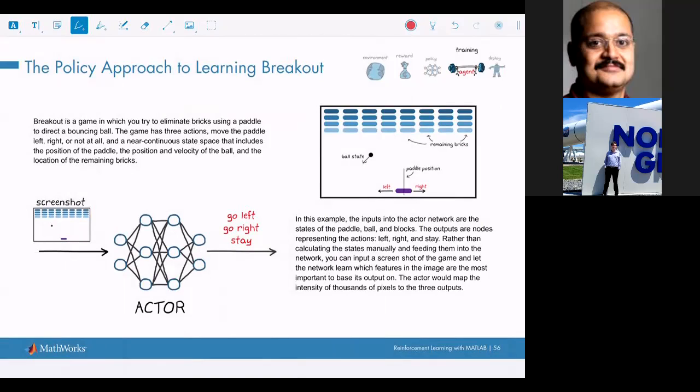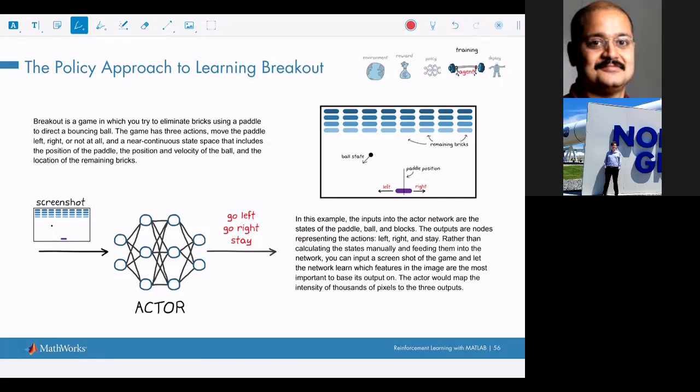Once you go through these slides, there is a very simple game. I don't know if you played it. It's a very old Atari game, wherein you have a paddle that moves left and right, and your purpose is to hit all the blocks.